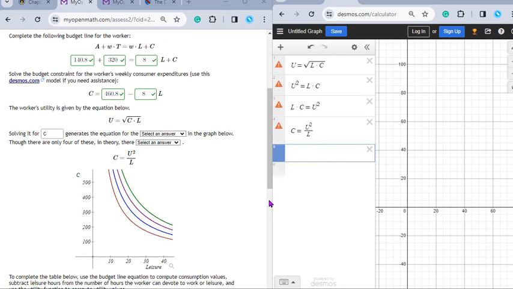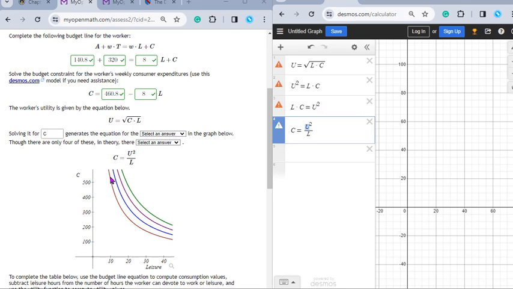If I know the utility level, then as I increase leisure, consumption will fall, but it doesn't fall linearly, right? It falls in a way where the slope of the indifference curve gets closer and closer to zero.